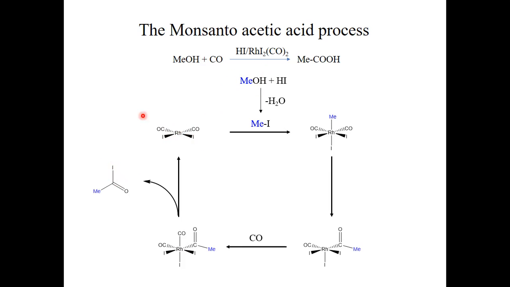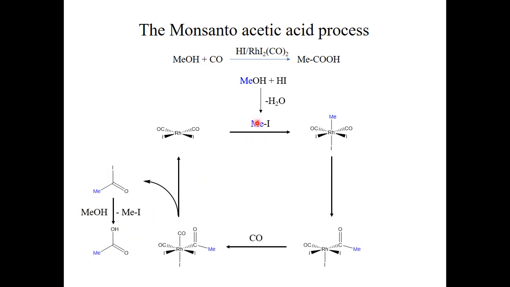So the iodide group can react with methanol to give acetic acid, and methanol is converted into methyl iodide, so the OH group gets substituted by the iodide group. So now we have formed additional methyl iodide, and that can restart the catalytic cycle.